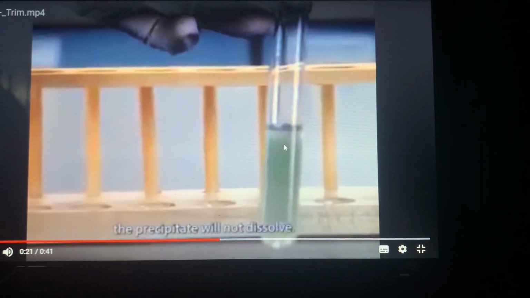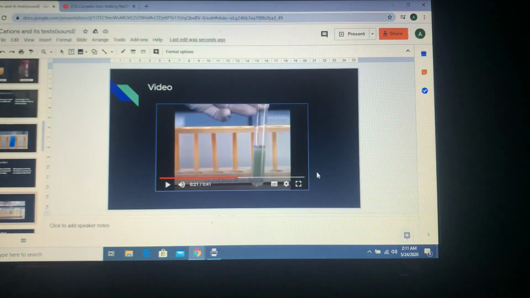If excess alkaline solution is added, the precipitate will not dissolve. The person just added an excess amount of NaOH, and it does not dissolve. And if the person does this experiment the same way using aqueous ammonia, the results will be the same. Green PPT will form and will not dissolve with excess ammonia.